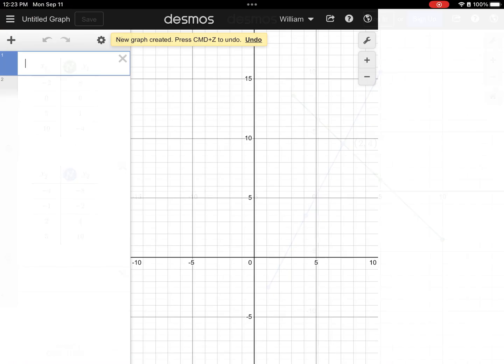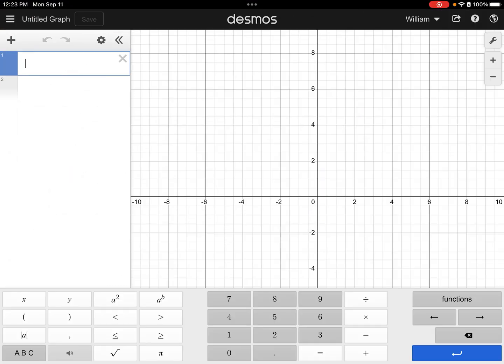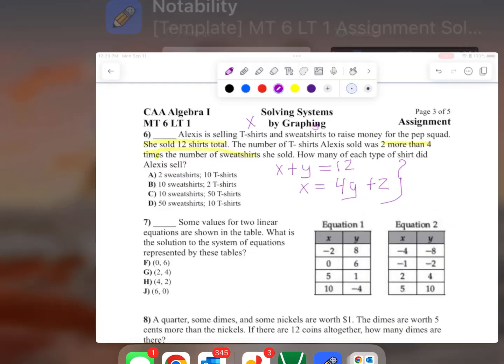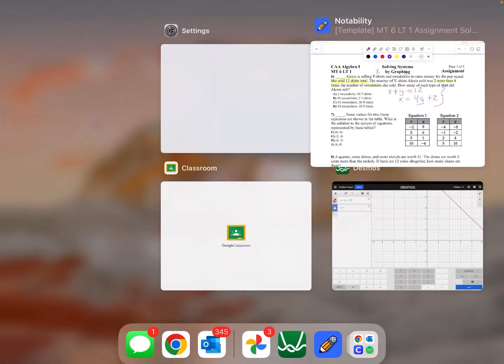And so we'll say X plus Y equals 12. And then my second equation is X is going to equal, what did we say, 4Y plus 2.